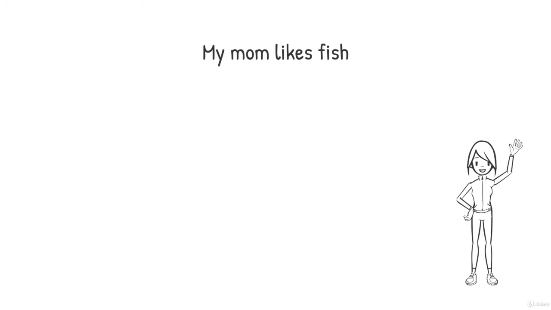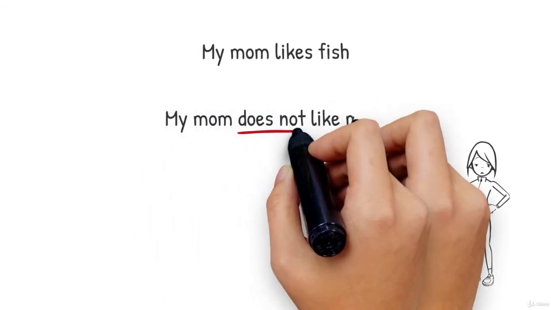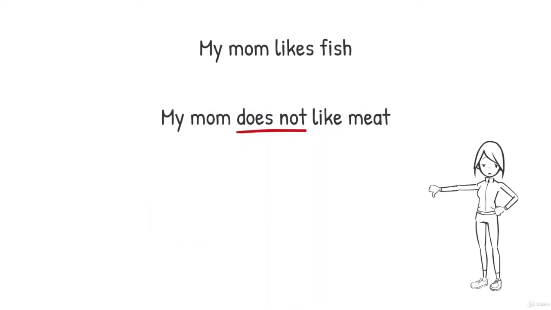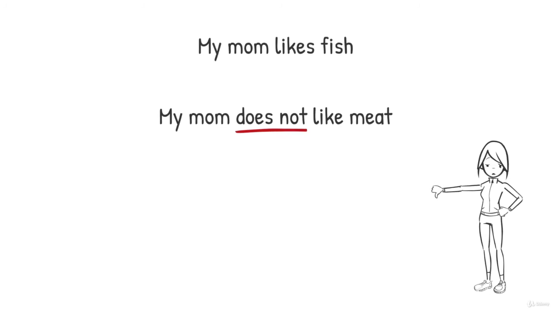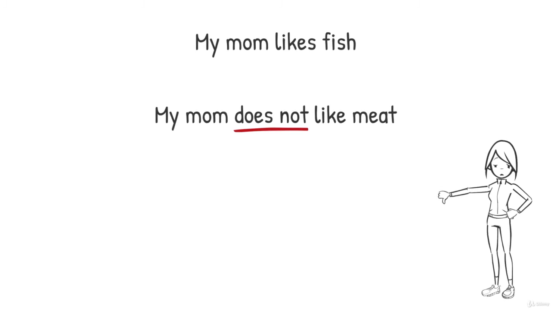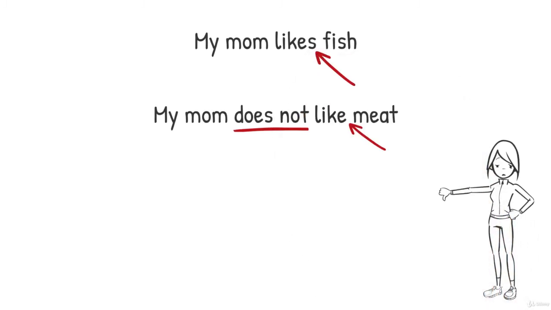My mom likes fish. It's a positive sentence. My mom does not like meat. It's a negative sentence. We put does not before the predicate like, and we dropped the ending s. My mom does not like meat.